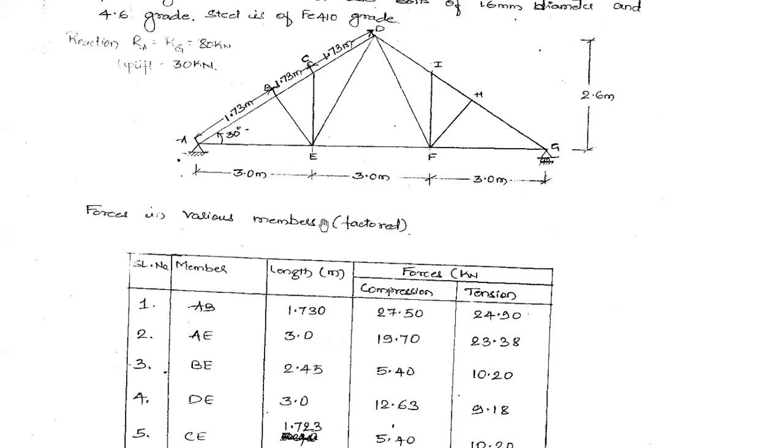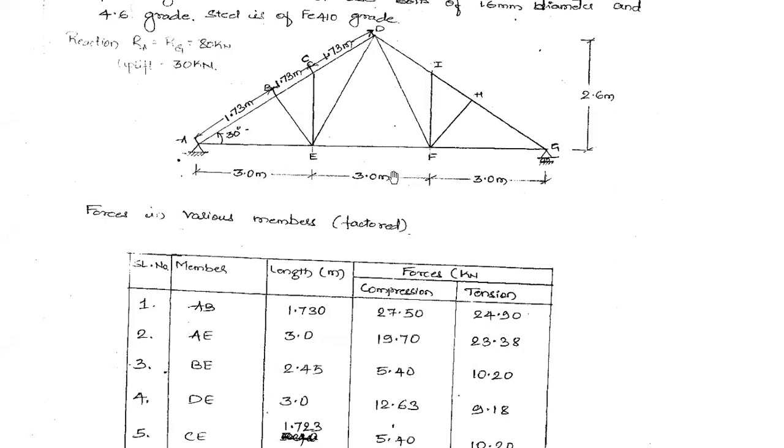Sometimes some lengths will be given, like this 1.73 is mentioned here on the principal rafter. And on the bottom tie member these lengths of 3.3 meter, 3 meter, and also from this the overall length of the principal rafter, the total span of the truss can be arrived at here.